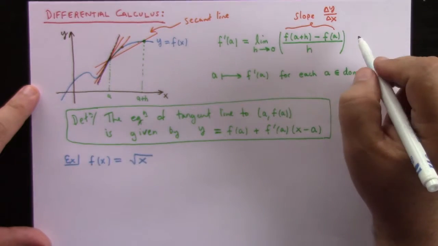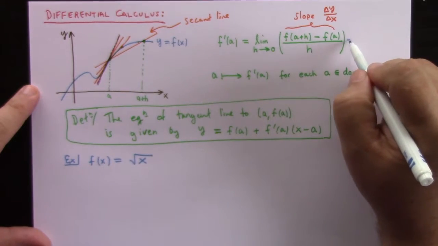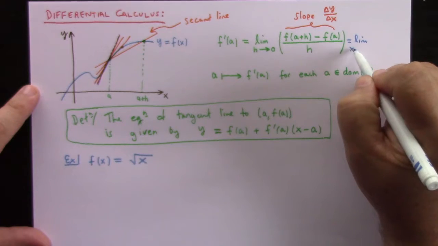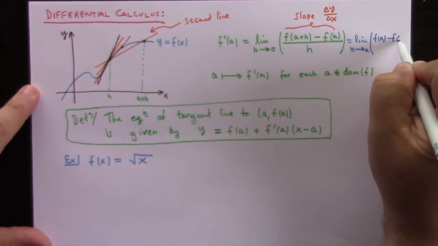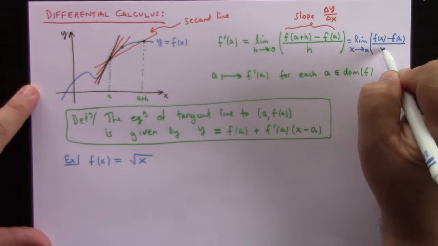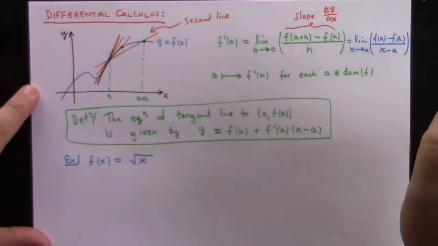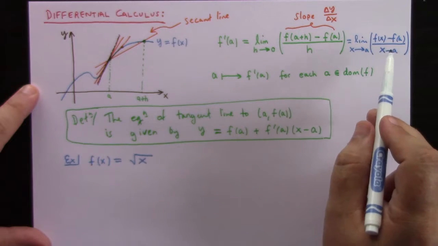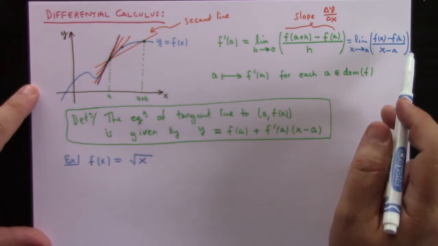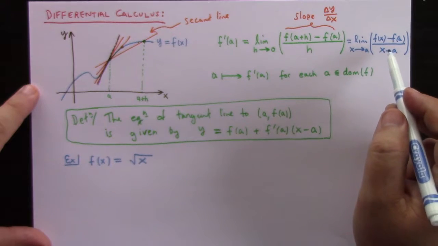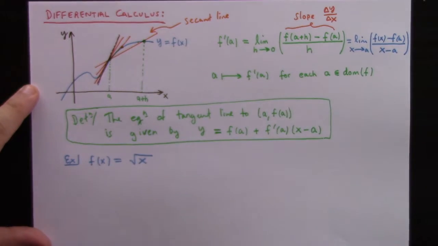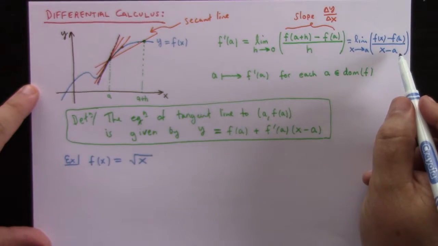You can equivalently write this as the limit as x goes to a of f of x minus f of a over x minus a. These are the two competing formulas for the slope of the tangent line, or the value of the derivative at the point, if you prefer. So which one of these is better for a given problem? I don't know, it depends. For this particular example, I prefer that way of calculating the derivative.